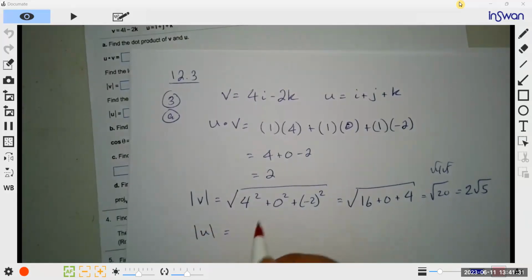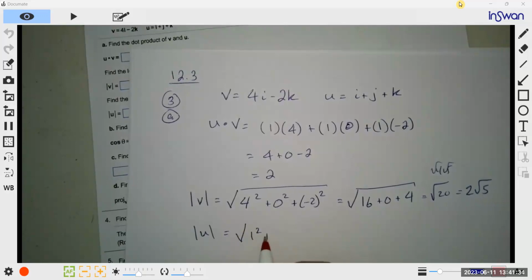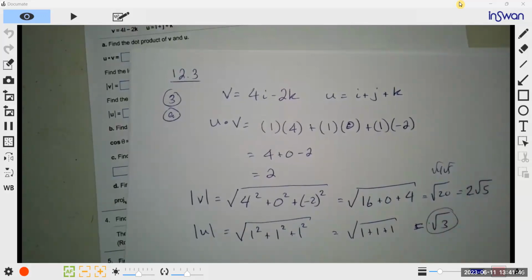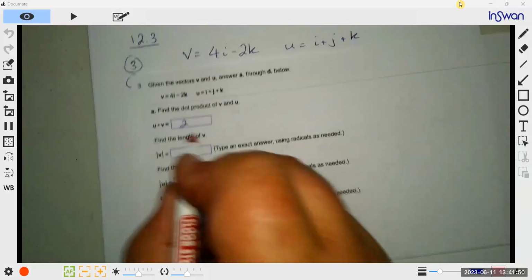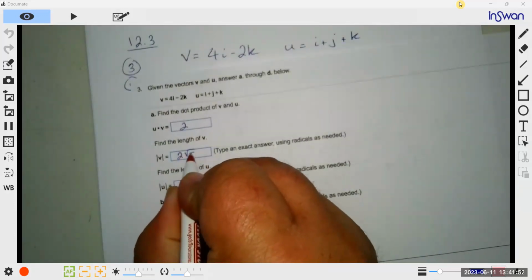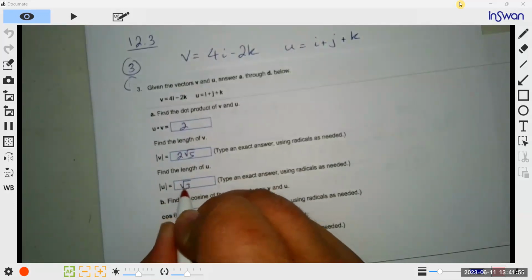And the magnitude of u, since they're all coefficients of 1, is radical 3. So the magnitude of v is 2 radical 5.